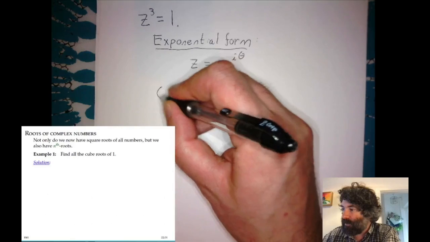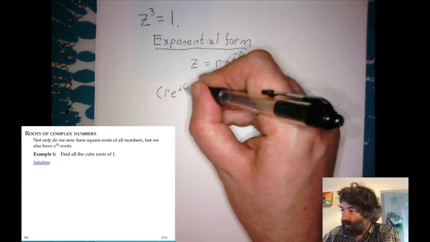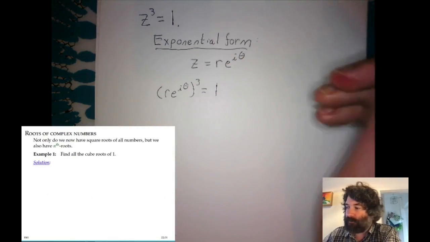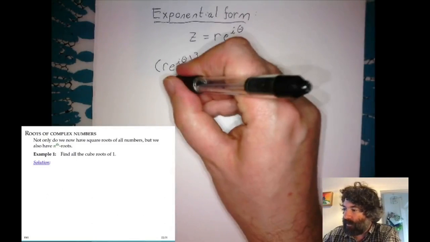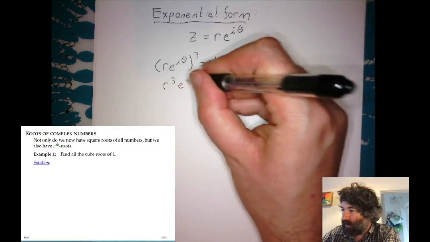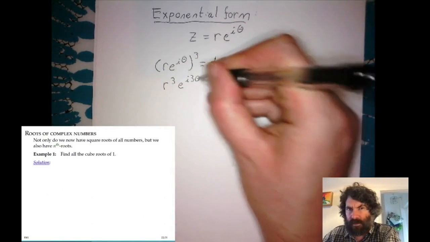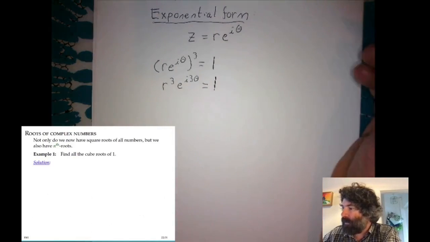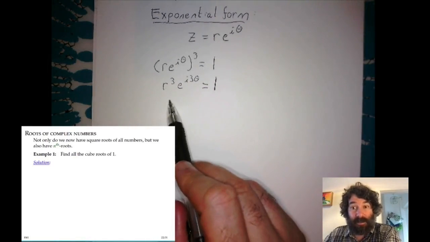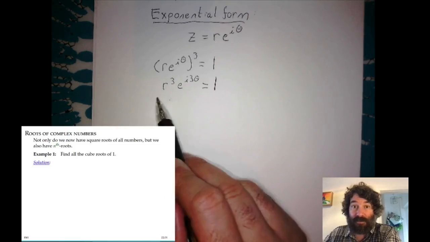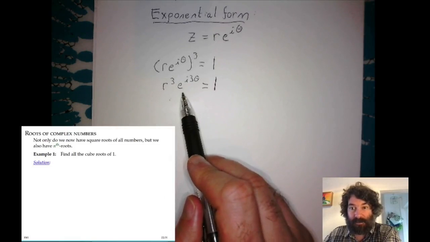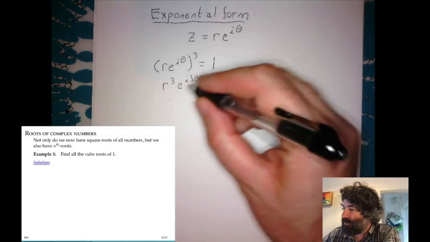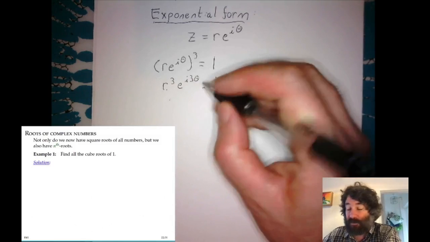You get r e to the i theta, cubed, equals 1. And this would be then r cubed e to the i 3 theta equals 1. And so now let's look at the modulus and argument of this number. All right, and so first of all, the modulus is going to be r cubed. That will have to equal 1.